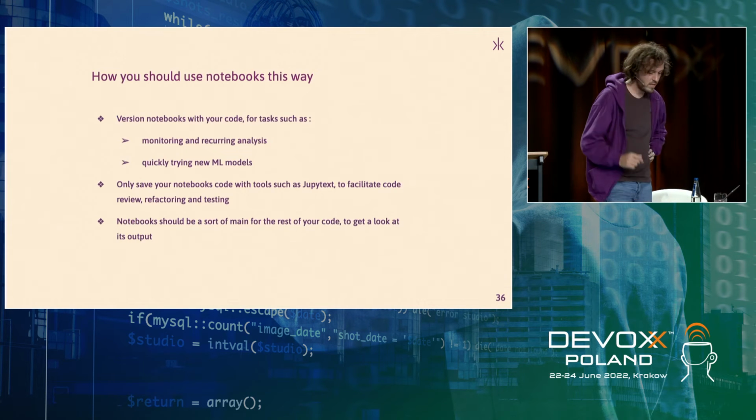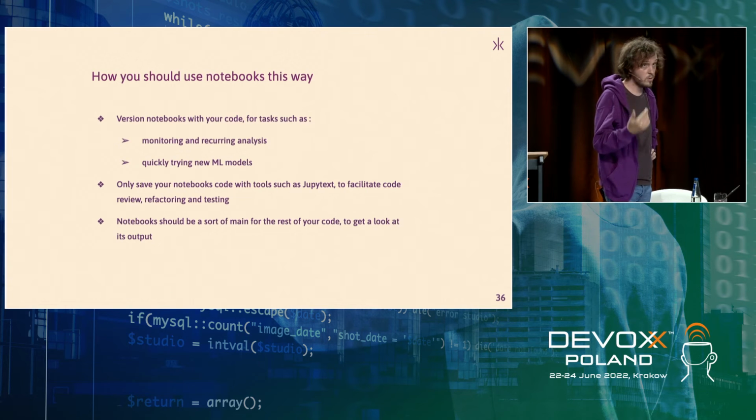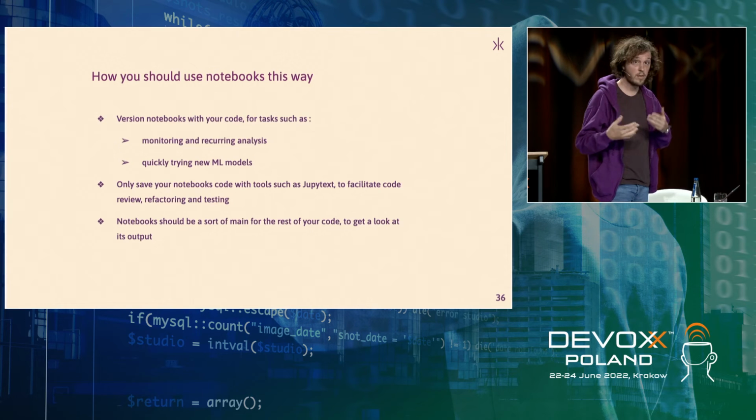So that's what I advise you to do. It's still useful to use notebooks, even when you have running software. You think you know your data, but maybe at some point your data will change. Maybe you will want to use some new machine learning model. Maybe you want to use your notebook to do some monitoring because it's code, so it's what you like to use.